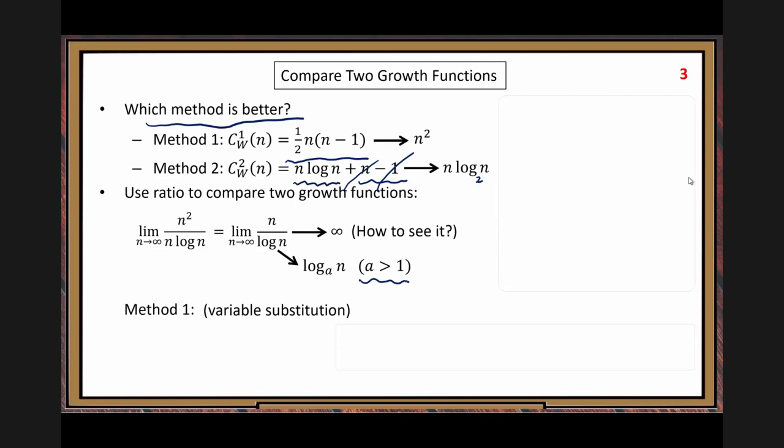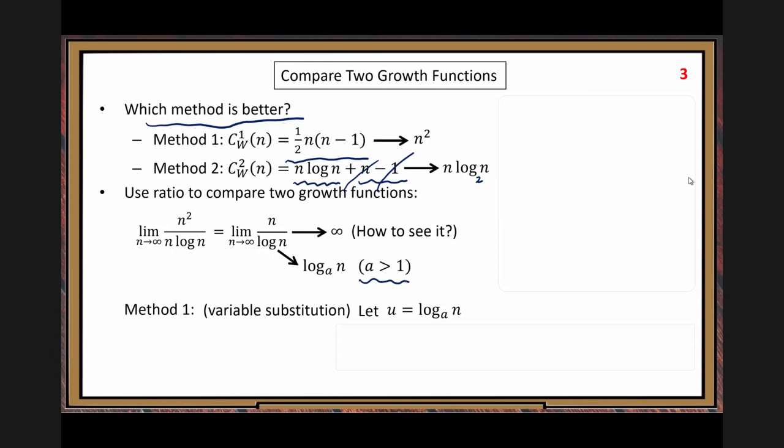Let's do some simple variable substitution first. Let us use a variable u to represent log base a of n. Introduce a u function. After this substitution, the log symbol is gone.